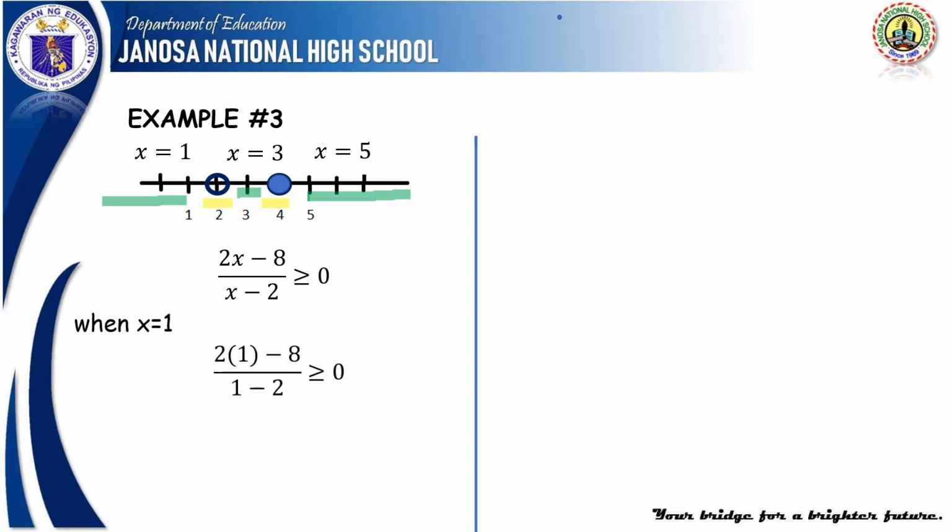By substitution, we will get 2 times 1 minus 8 all over 1 minus 2 is greater than or equal to 0. Pag sinimplify, meron tayong negative 6 over negative 1. And since nag-divide na naman tayo with like signs, magiging positive yung final na answer natin, which is 6 greater than or equal to 0.